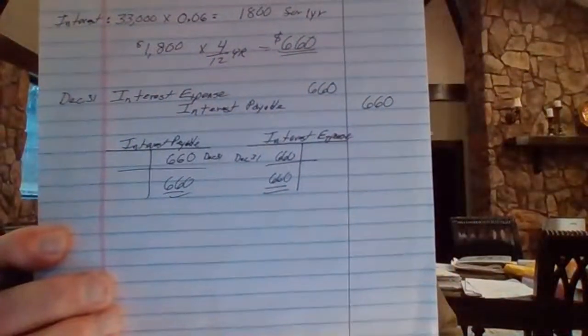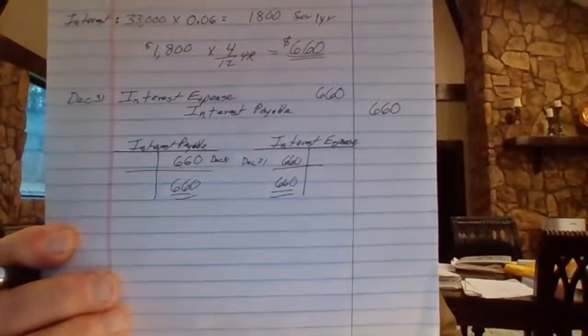And the expense has a debit. Both $660. So that's what the general ledger accounts for those two accounts would look like.